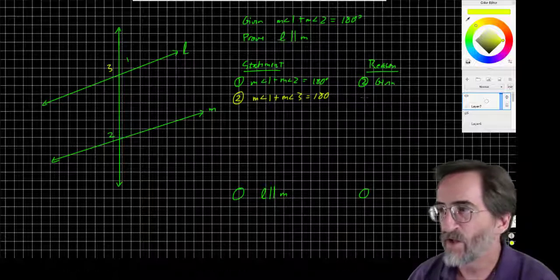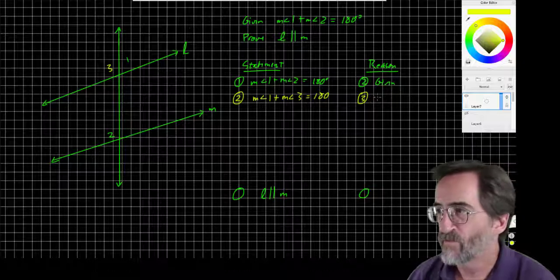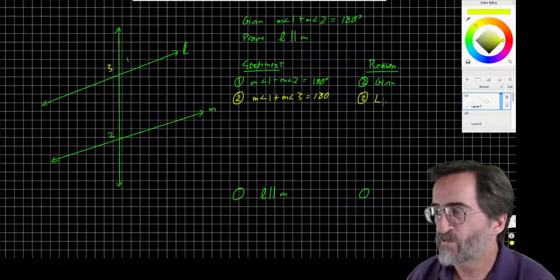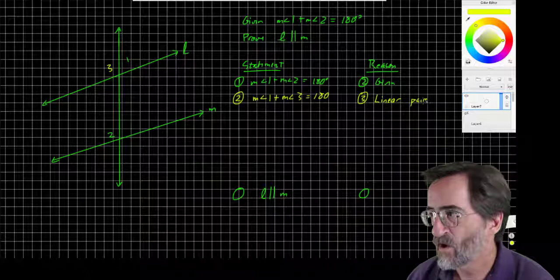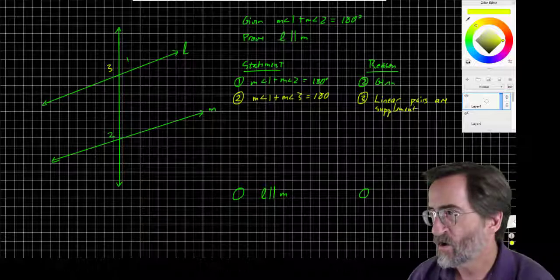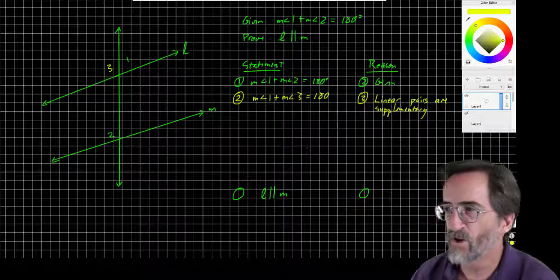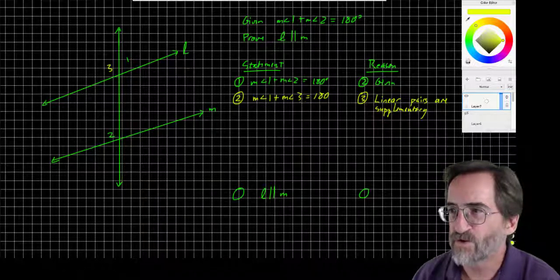How do I know that? They are a linear pair. So it's called the linear pair postulate, or you can just state what the rule says. Linear pairs add to 180 or are supplementary. Okay, linear pairs are supplementary. So measure 1 plus measure 3 equals 180.